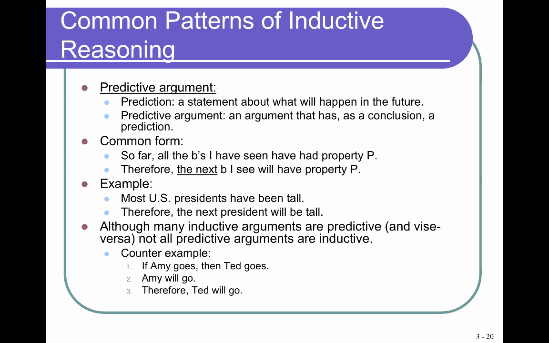The common form is, so far all the bees I have seen have had the property P. Therefore, the next bee I see will have the property P. Most U.S. presidents have been tall, therefore the next president will be tall. Now, because nothing in the future can be predicted with absolute certainty, whenever someone argues that something will be the case, it's highly likely that they are arguing inductively.